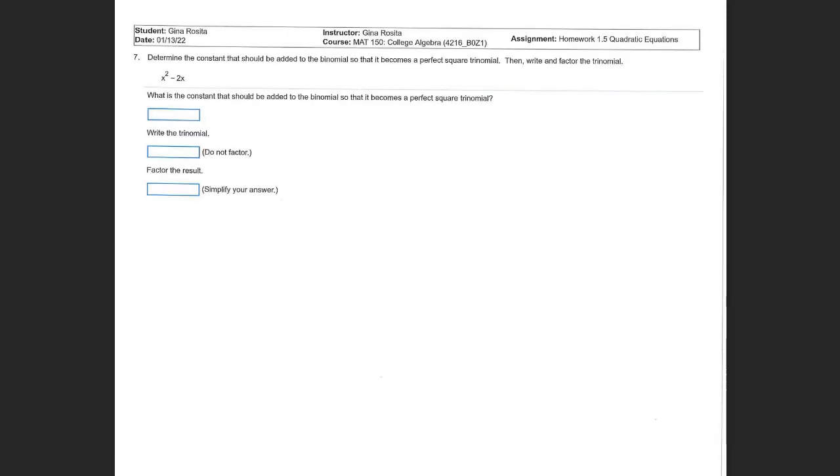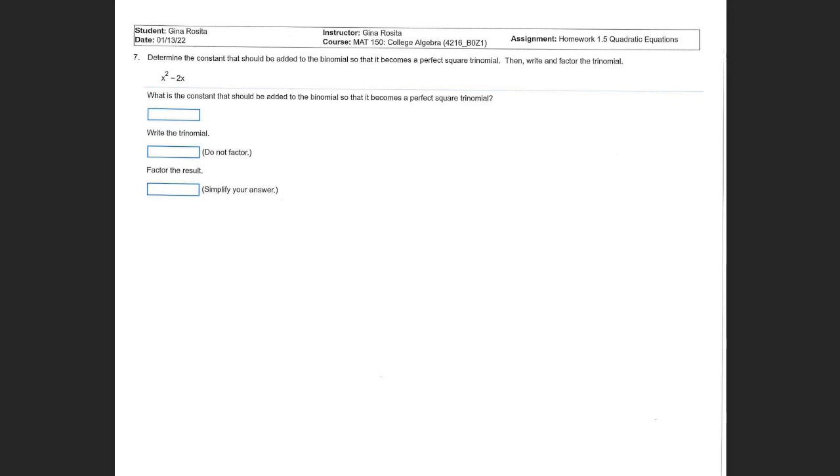Now, number 7. Determine the constant that should be added to the binomial so that it becomes a perfect square trinomial. Then write and factor the trinomial.